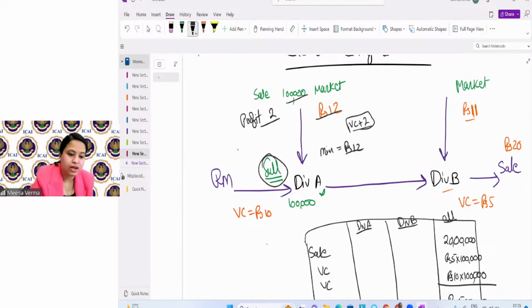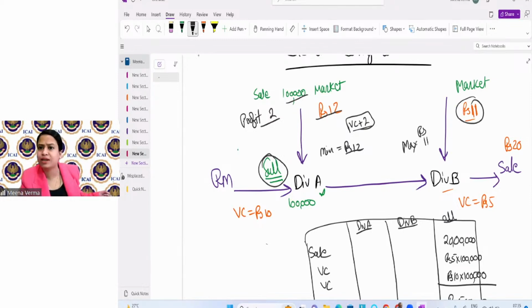And the Division B manager will say, I will not pay you beyond 11 rupees. Why? Because I can buy the same product from the external market. Why should I pay you 12 rupees when I can buy the same product from the outside market at rupees 11?